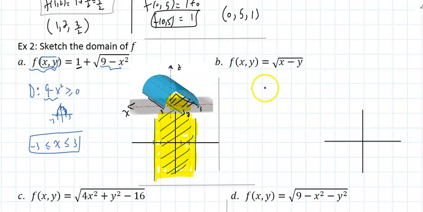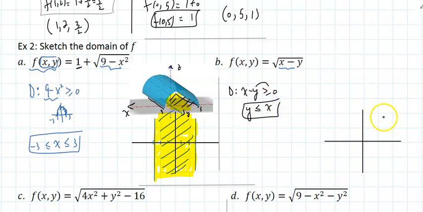If I get to the next problem, again, I see a radical. You're going to either see a radical, a log, or a fraction. If I see a radical, I say, okay, well, let's see. Then x minus y must be bigger than or equal to 0. What does that mean? That means y is less than or equal to x.